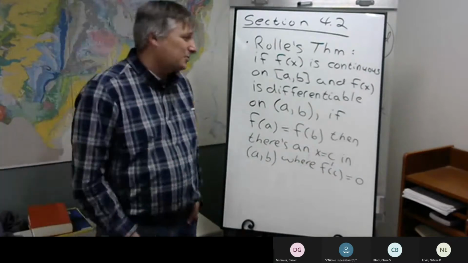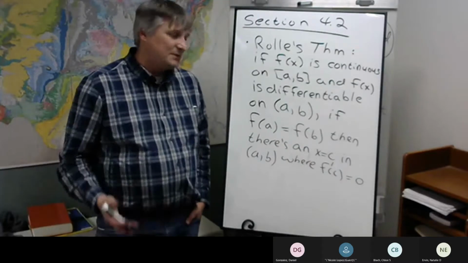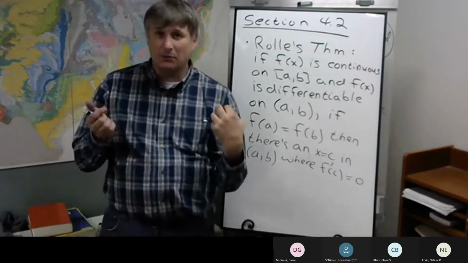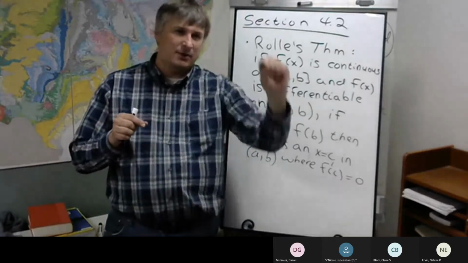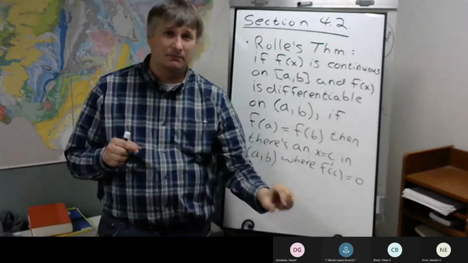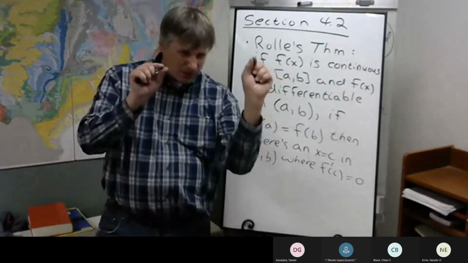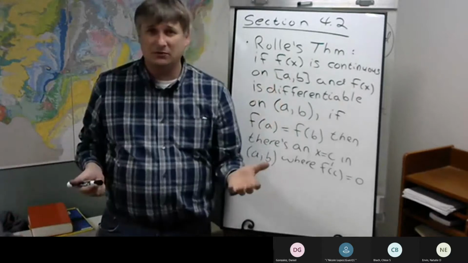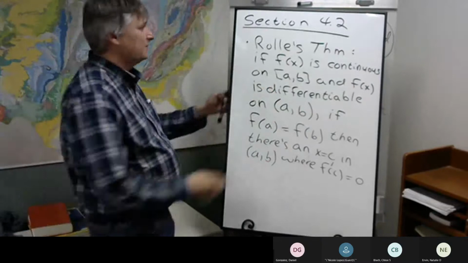So this is actually the same idea from algebra. What it's basically saying, if you think about it in terms of algebra, you think of zeros. So a function crosses the x-axis, comes around and crosses the x-axis again. As long as f of x is continuous, then somewhere between those two zeros, there must be some maximum to this function. So that's basically what Rolle's theorem is saying.